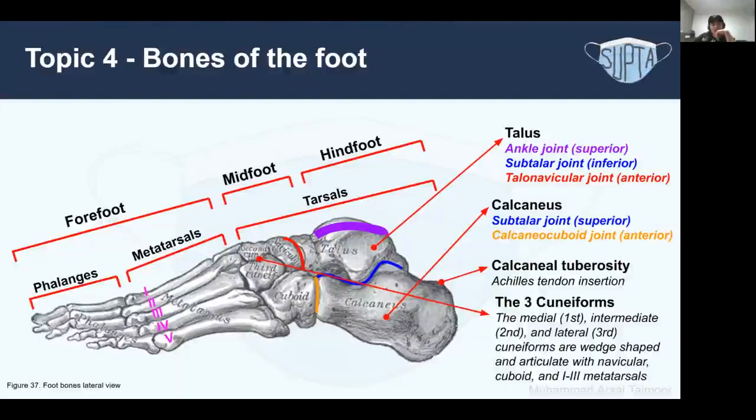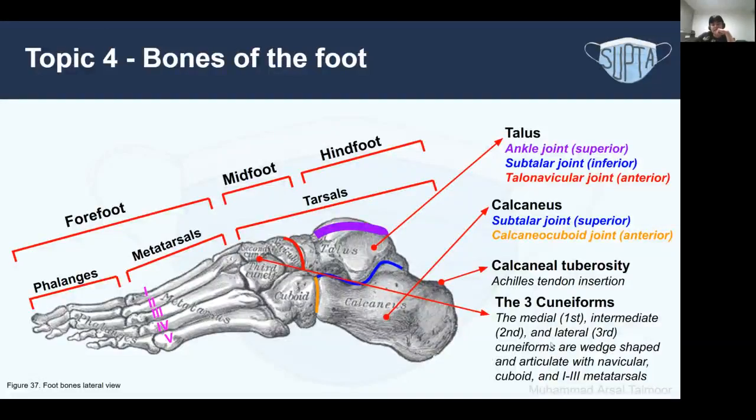look into. The cuneiforms, we've got the medial, intermediate, and lateral. These are wedge-shaped, and they articulate with the metatarsals and the navicular bone, and you can see where they are relative to each other. They're more medial compared to the cuboid.